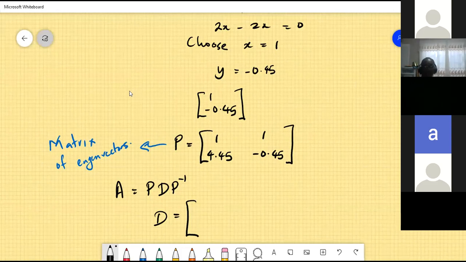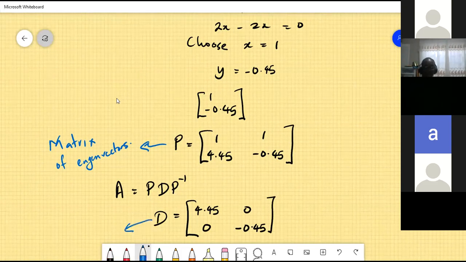So this would be 4.45. This is negative 0.45. So the D now. We're going to be asked to do it in MATLAB in a little while. D is a diagonal.